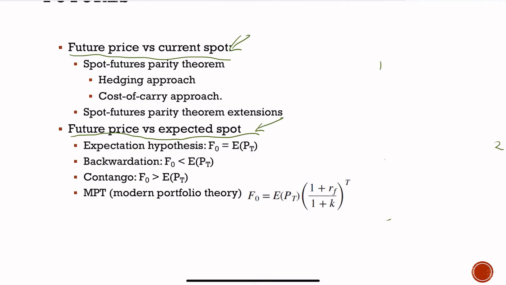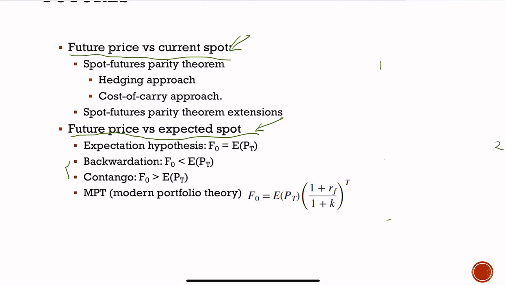The first is called the expectation hypothesis. It basically means that the expected spot price should be exactly the same as the futures price. And then we have 2 important concepts. The first is called backwardation. The second one is called contango.